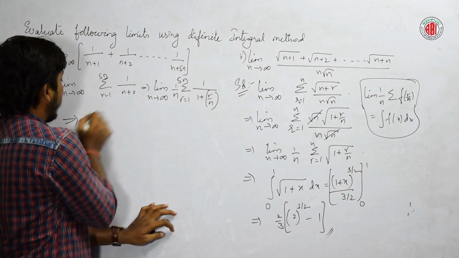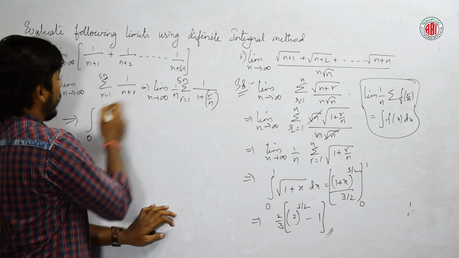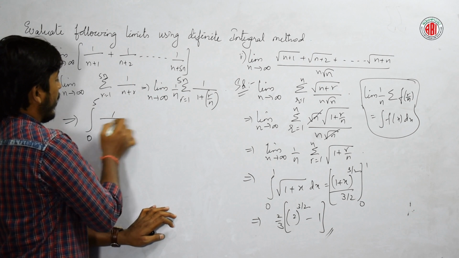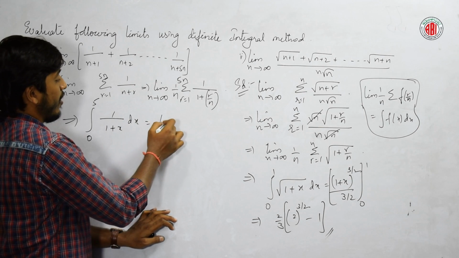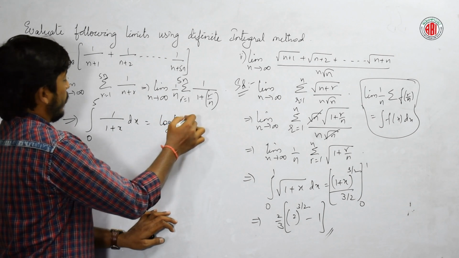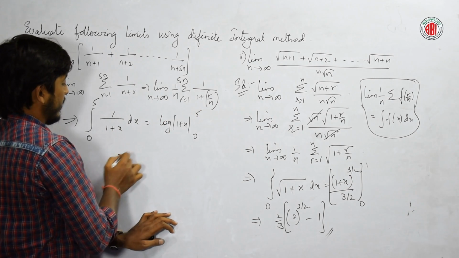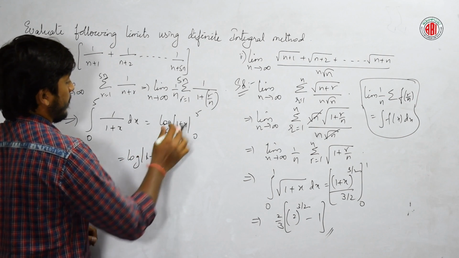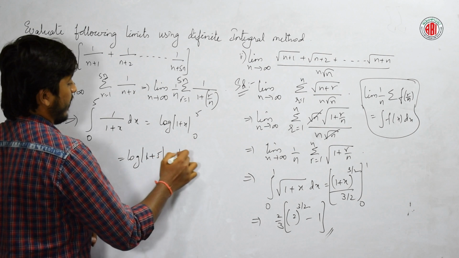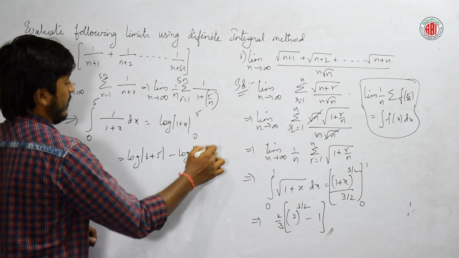Now the direct answer is integral from 0 to 5, 1 by 1 plus x dx. What is the form of 1 by x? Log of 1 plus x from 0 to 5, that is we will get log of 1 plus, instead of x I will substitute 5, minus log of 1 plus 0.